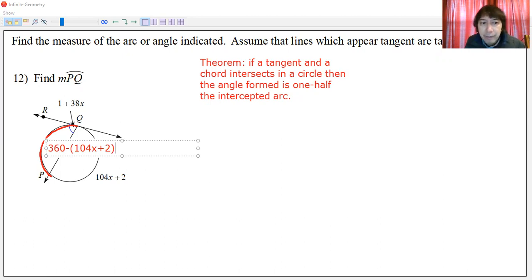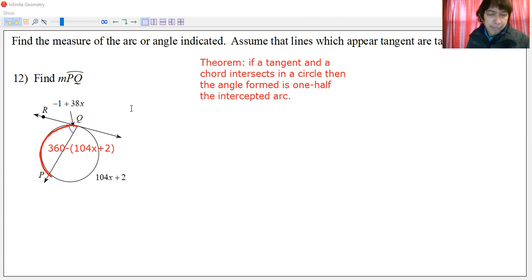So the 104x plus 2 is the expression for the other arc, which is not related to the arc PQ. Okay, the measure of the arc PQ. We're after the arc PQ, and so we shall express the arc PQ as 360 minus 104x plus 2.